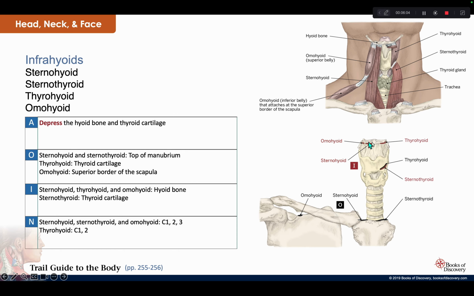All right, see right here? The only one that does not insert onto the hyoid bone is the sternothyroid, and that attaches to the thyroid cartilage. All right, fun. So here to here, sternum, thyroid, thyroid cartilage.